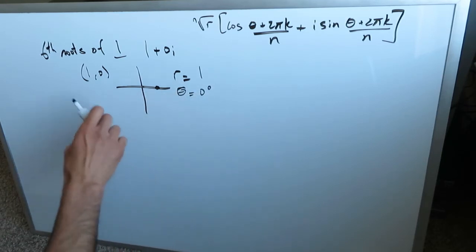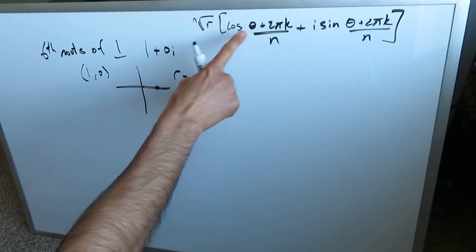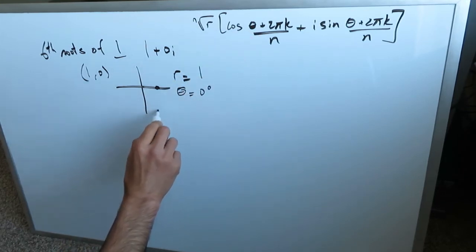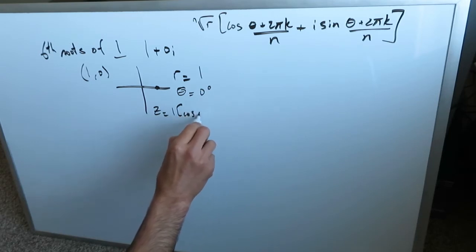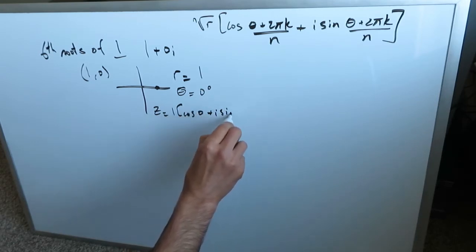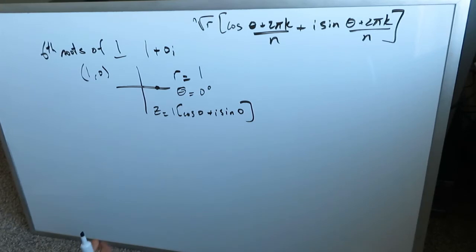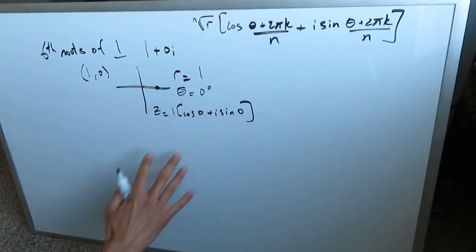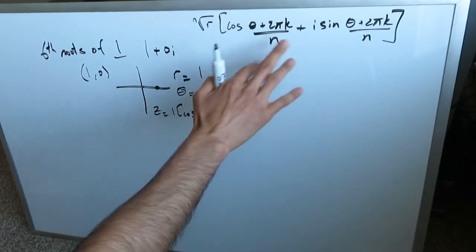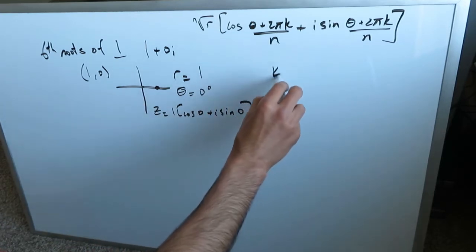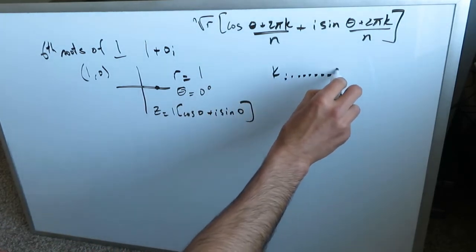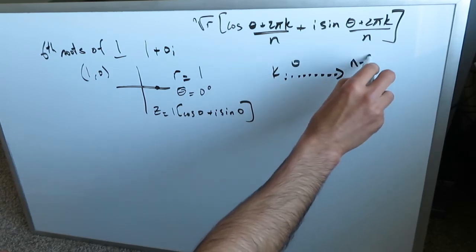So let's quickly write this in trigonometric form. Our complex number is really going to be 1 cosine 0 plus i sine 0. That's my trigonometric form, or the polar form. Now I have established this form and we have to run it through here. Remember very clearly this k value is going to run down always from 0 up to n minus 1.